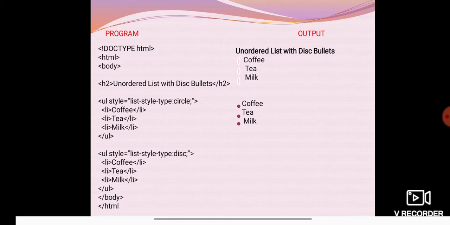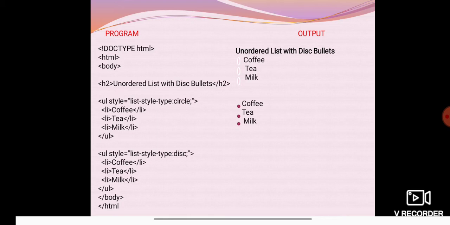There are three items: coffee, tea, milk. Which type of list? Circle type. Then the first list is complete, and the UL tag is closed. After that, a second UL tag opens, because a second list is displayed.